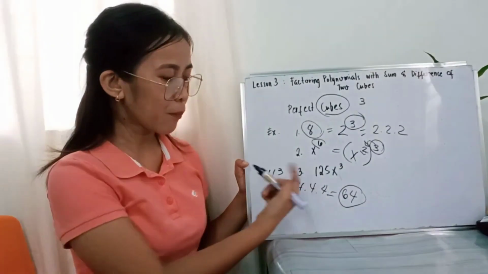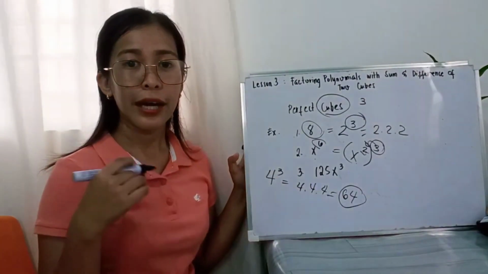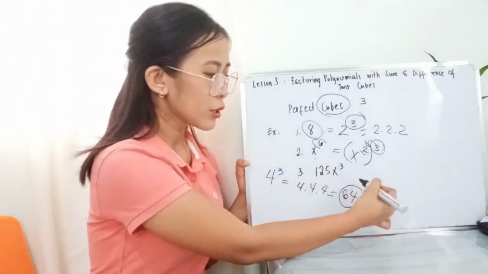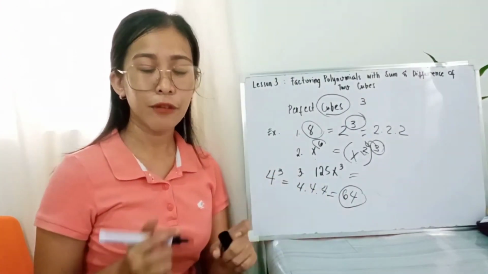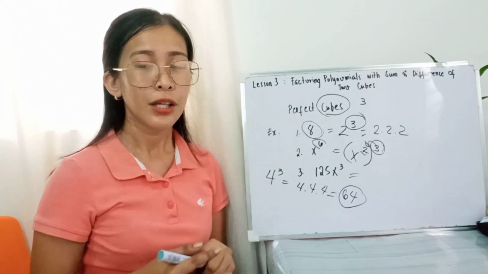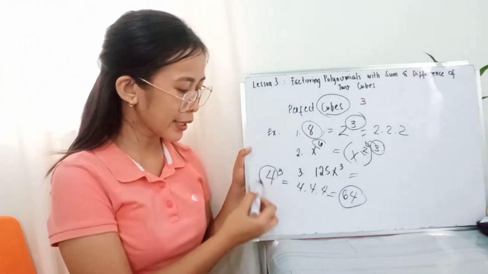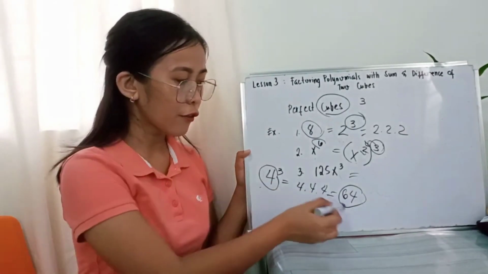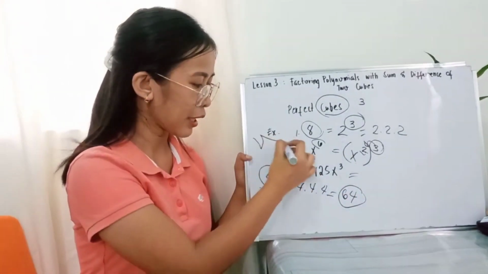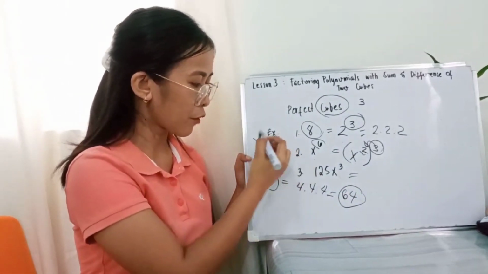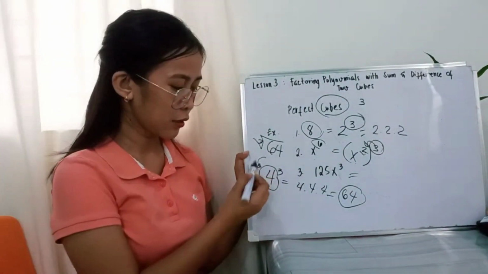Okay? Another example, we have 125x cubed. Ayan. So, si 125 is, hanapin niyo yung pinaka-root niya, or when we say root, cube root, no? So, ang tawag kasi dito is root or cube root of 64. No? So, kapag ginanto kasi natin yan, ayan, cube root of 64, that is 4.